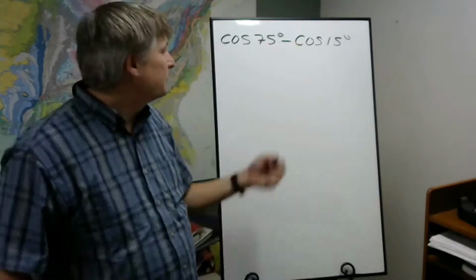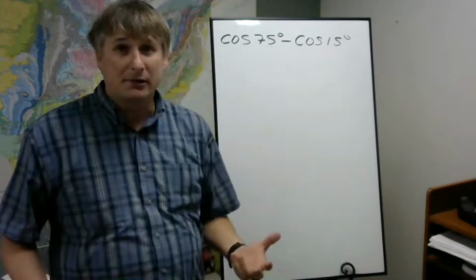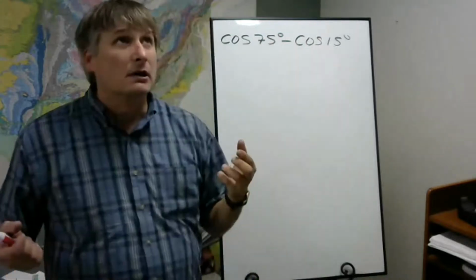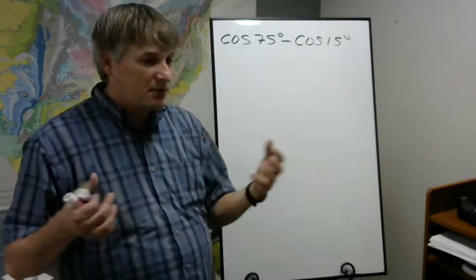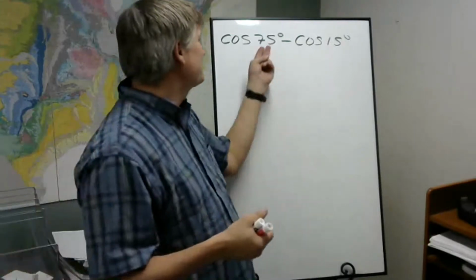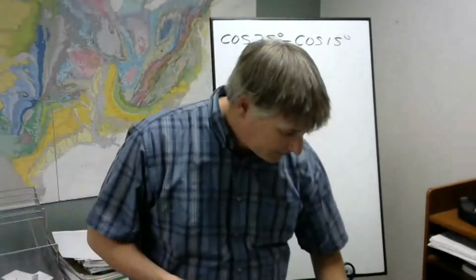You might notice that if you did 75 minus 15, you would get 60. And then 75 plus 15 would give you 90. So those are going to be two familiar angles. Hopefully we have an identity that lets us combine these angles in those sorts of ways. And sure enough, if we take a look, we do.